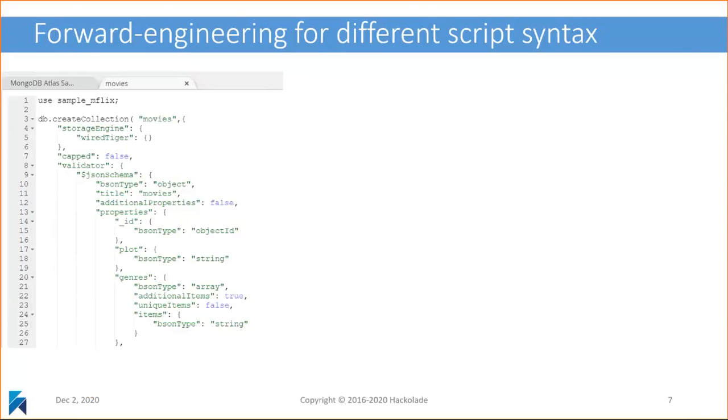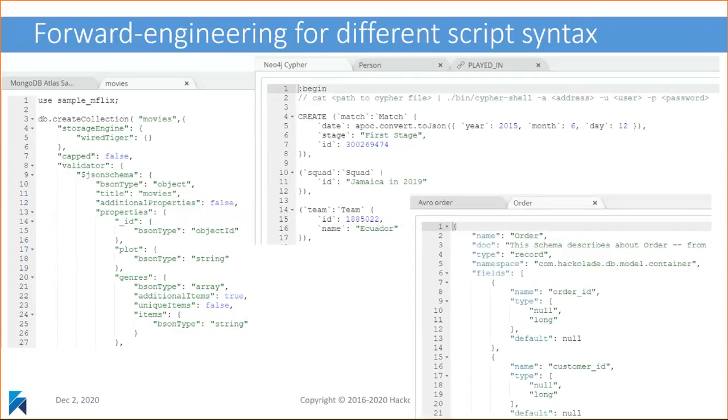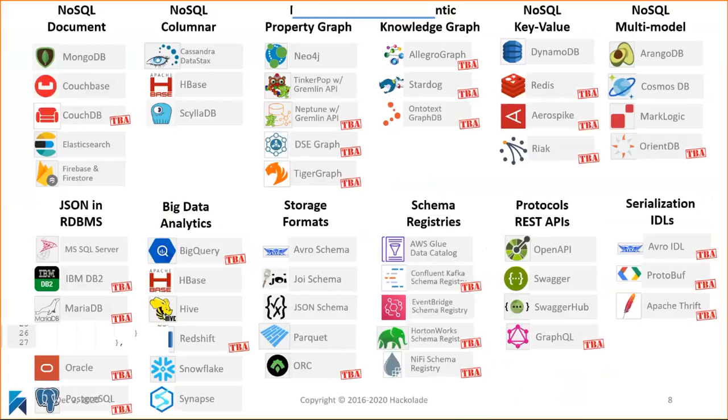Traditional data modeling entity relationship software can just generate DDLs for relational databases in SQL syntax. Hacklite can do that too, but is specialized in the schema design and generation of scripts in the variety of languages and syntax found in all of the NoSQL databases and protocols we support. In the picture here, you've got MongoDB, Neo4j, and Avro, but we deal with many others.